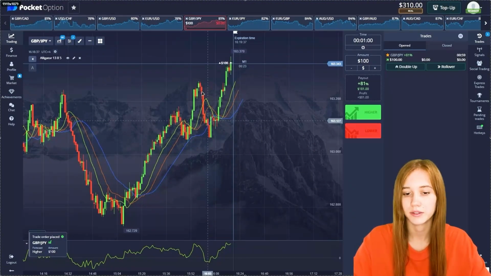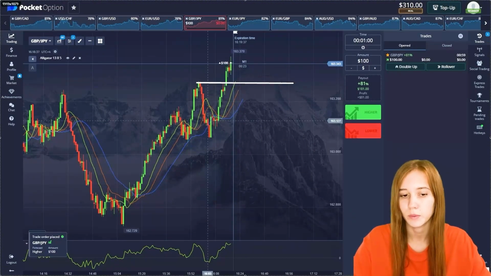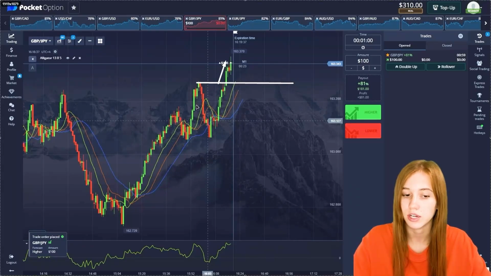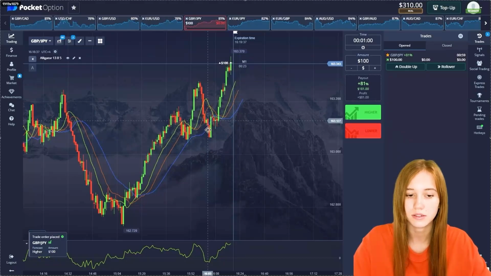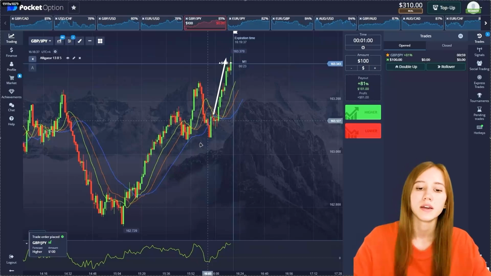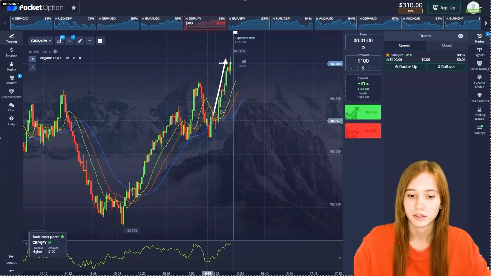If we highlight the resistance area, it was overcome confidently. This shows good growth. According to the general trend, there's an increase on the market. We see it. We trade with the trend. Open up. We see a good upward trend in the indicator.